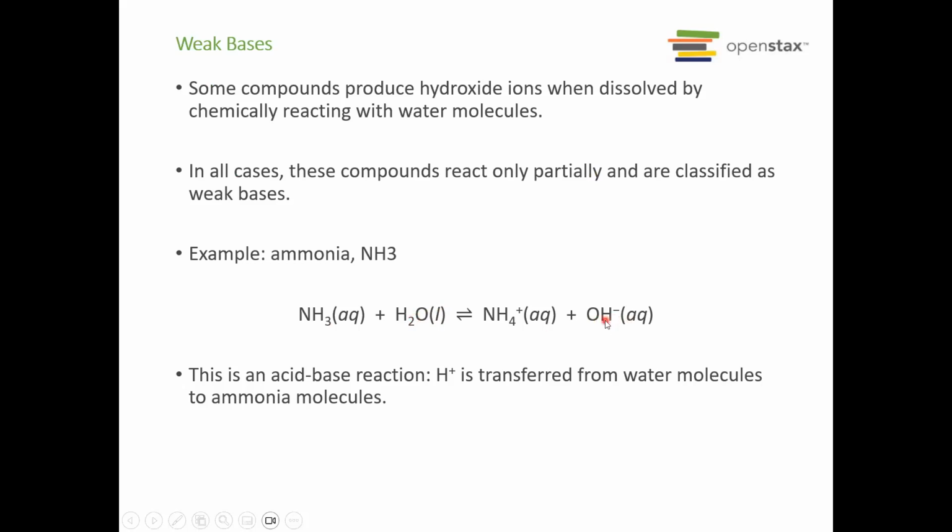So we're still increasing that hydroxide ion concentration, but we're just not getting 100% of the ions like we would with sodium hydroxide. So the weak and strong part is the same with acids and bases. It's just whether we're looking at the H plus or the hydronium ion for acids, or the hydroxide ion for the bases.